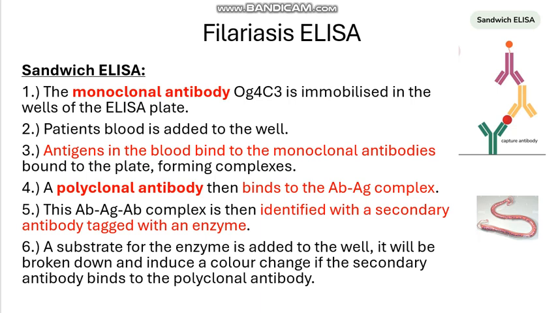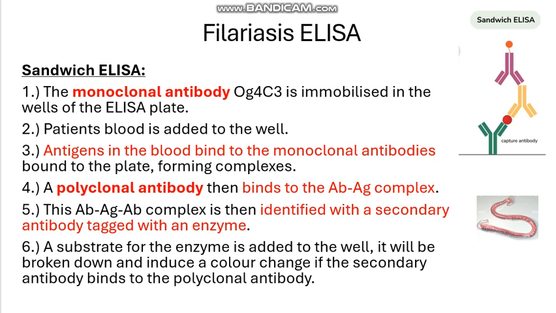So patient's blood would be added to the well, and antigens in the blood would bind to the monoclonal antibodies. You can see that by this little red circle bound to the green monoclonal antibody on the diagram.